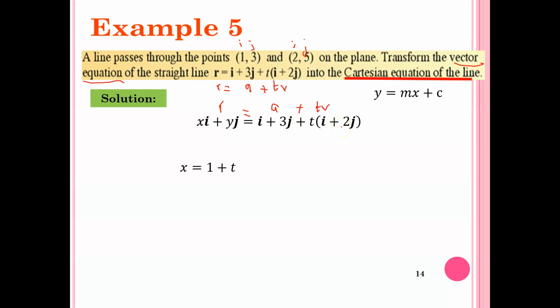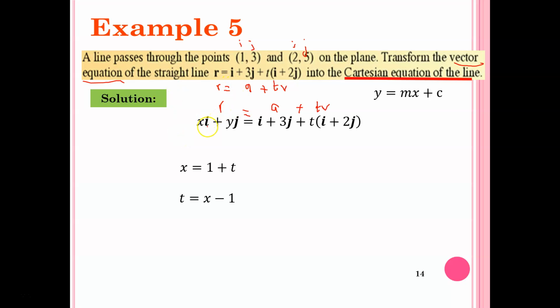So what happens next is you're going to extract this. We first obtain the parametric equation, because this one is the vector equation. From the vector we want to find the Cartesian, but in the middle you need to find the parametric.